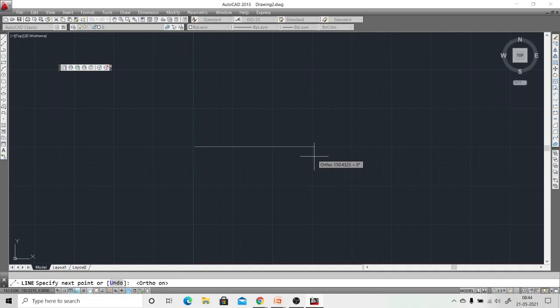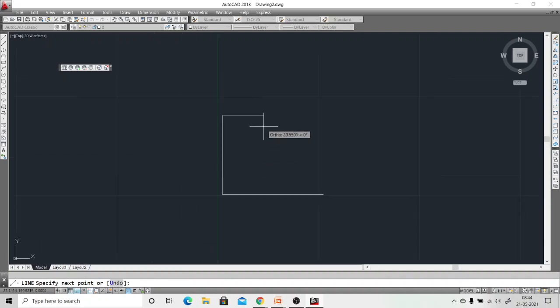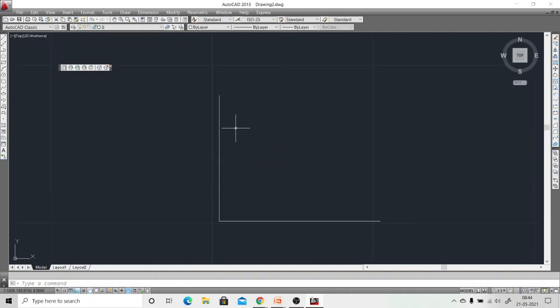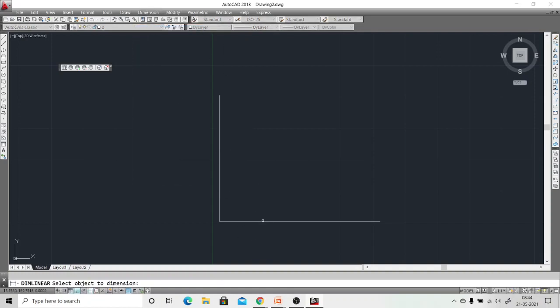So the 25 mm is drawn as 50 mm. Here 20 mm is also there, so we will go for 40 mm. I think now you can easily draw the 2 lines. As you scale up, you are getting double dimensions.